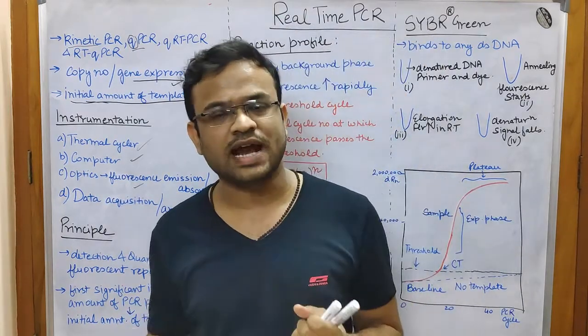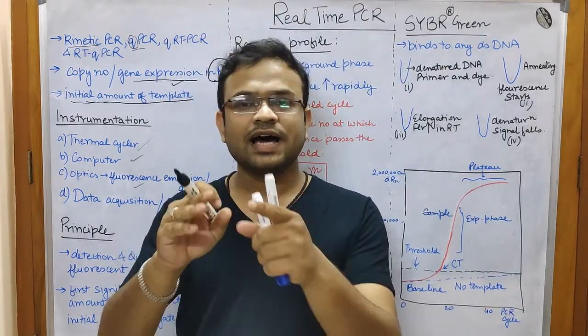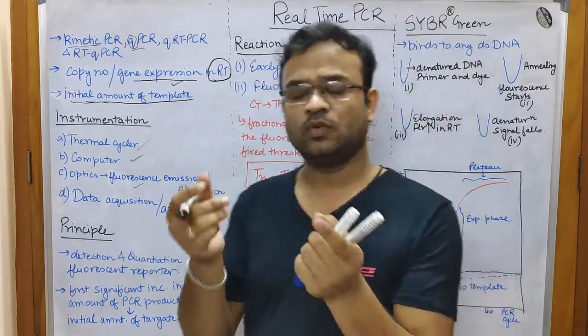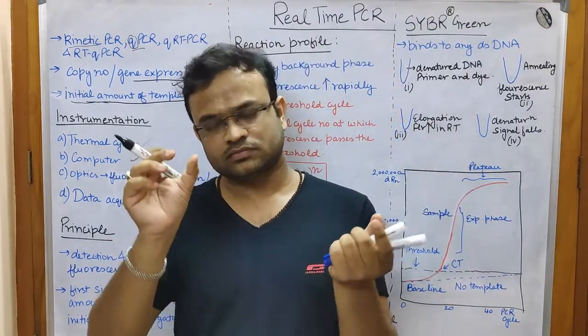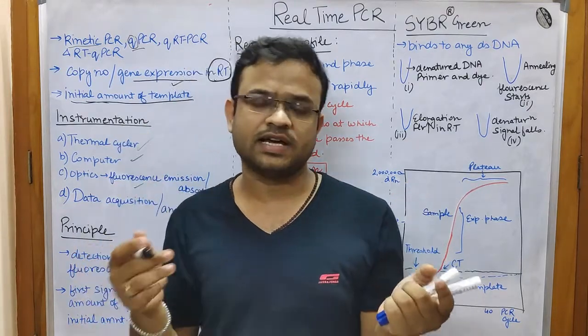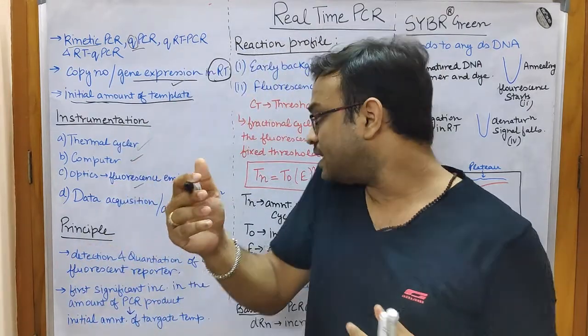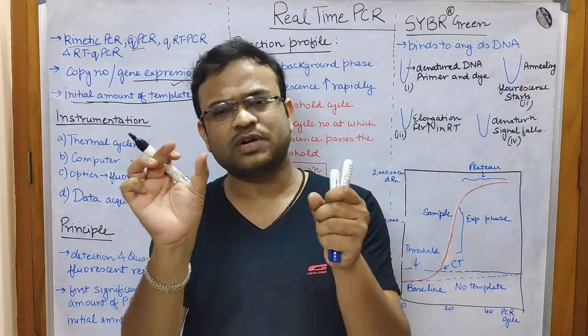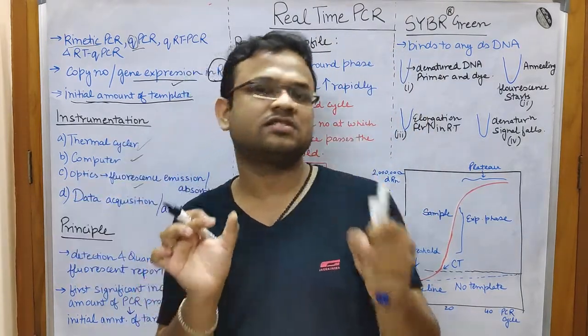Now you need to understand here that a dye is involved. What is a dye? It is a substance that gives emission, or that is absorbed at a particular wavelength. So that particular dye is mixed in this reaction.